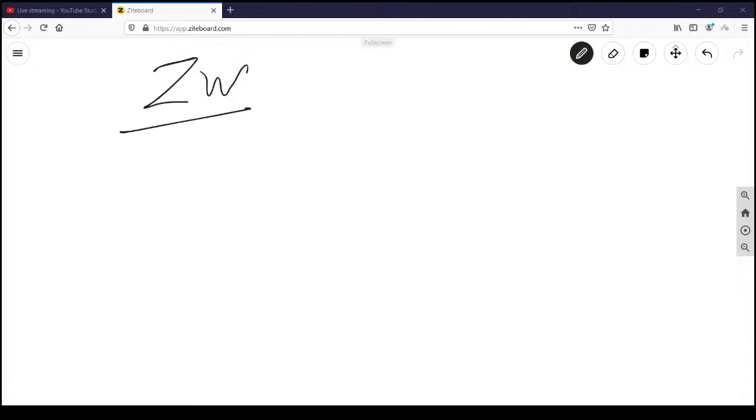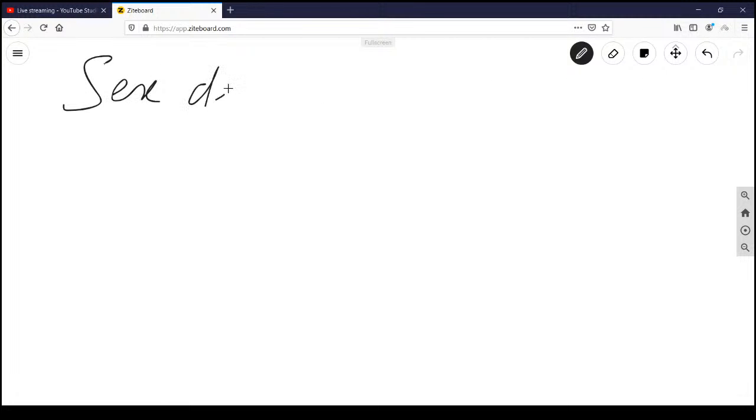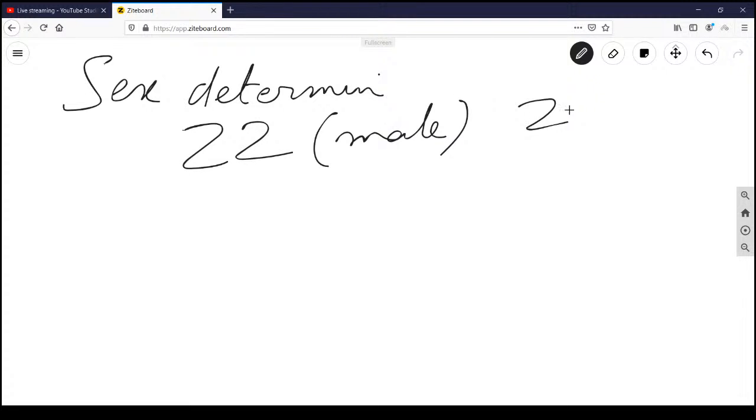So ZZ is taken as male, the ZW is taken as the female.